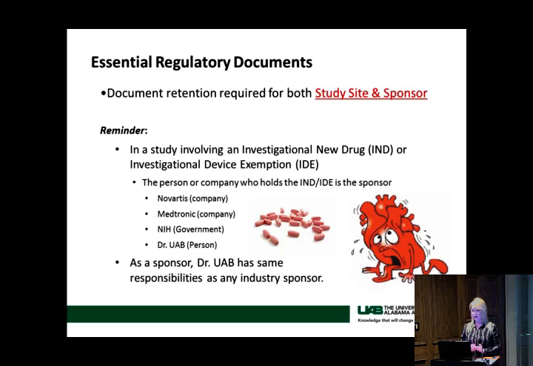So, different ways. Remember, as a sponsor, UAB has the same responsibilities as any industry sponsor. You might have your SOPs a little bit different, but you should have systematic, consistent processes for how you manage your regulatory documents, and the things that you do really should not vary too much between your industry studies and your investigator-initiated studies, although some of the documents might.